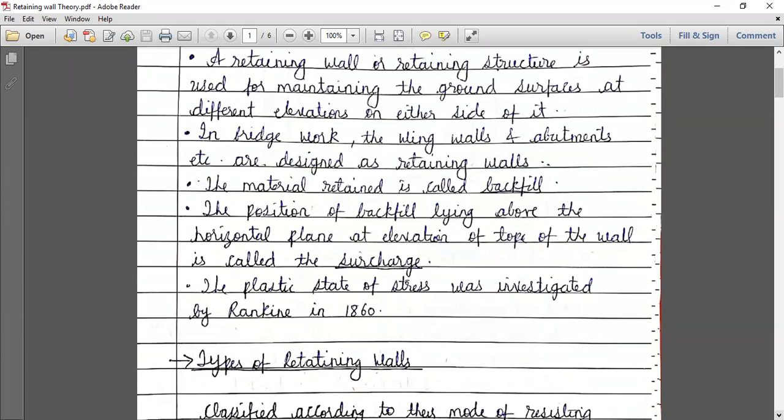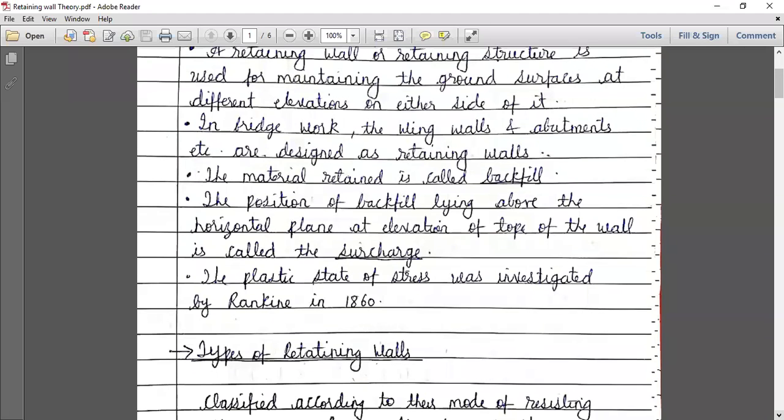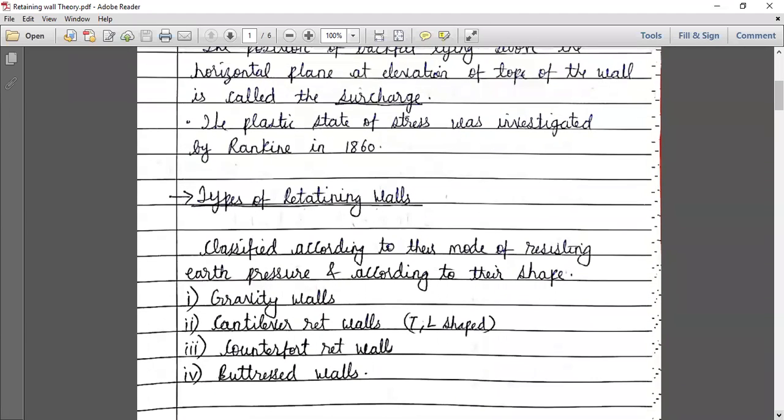Don't remember. Okay, so let us see the various types of retaining wall. Classified according to the mode of resisting earth pressure and according to their shape, they are classified as, first one is the gravity wall, second is cantilever retaining wall, and then counterfort retaining wall, and then buttressed walls. Okay, so these are the various types of the retaining wall.